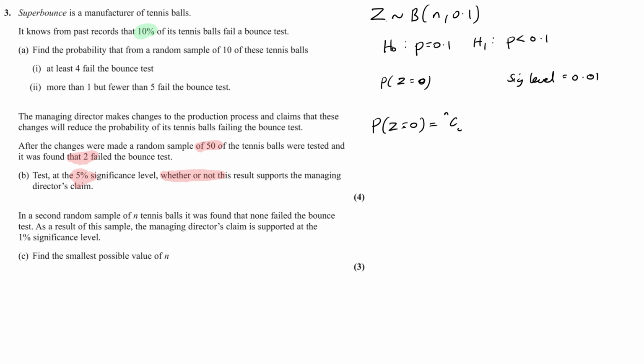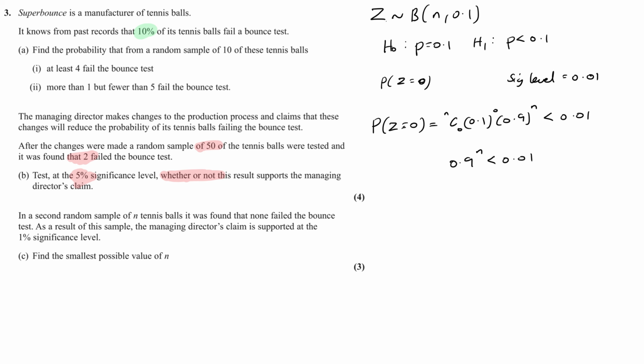We don't know what n is, but that r is 0, isn't it? 0.1 to the power 0, 0.9 to the power n. So what we've got is that's going to be less than 0.01. So we've actually got 0.9 to the power n is less than 0.01.